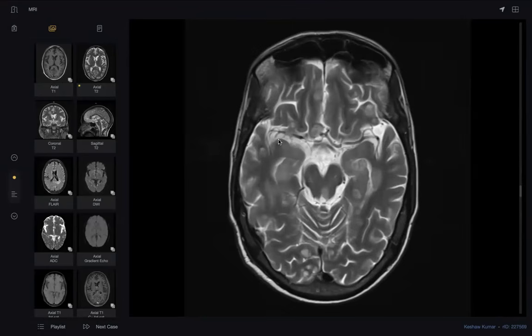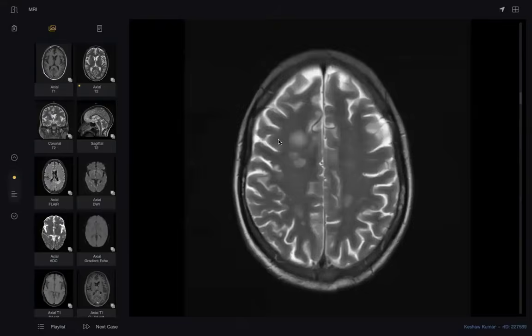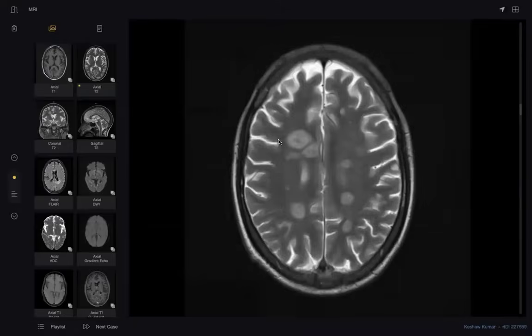The contrast study will help limit the diagnosis. What else other than metastasis and infection? Do you think emboli are scattered randomly like this?